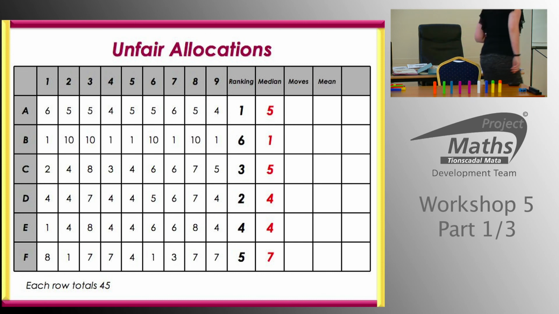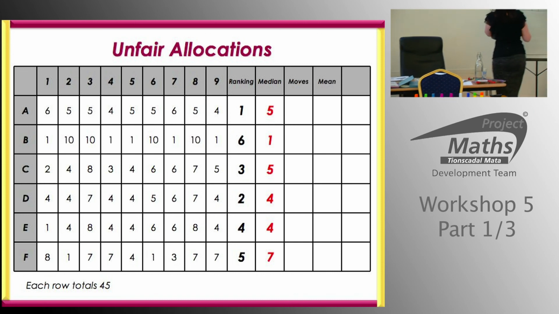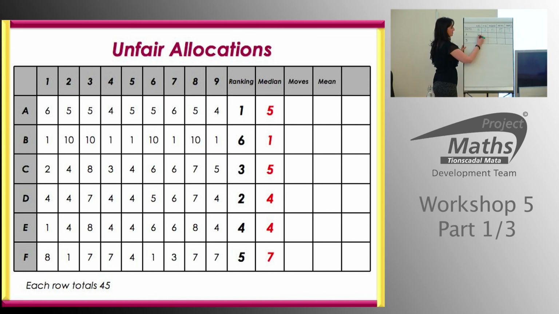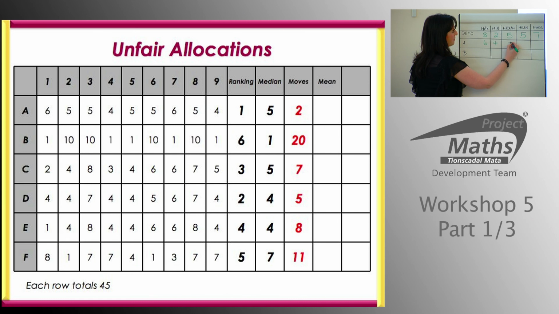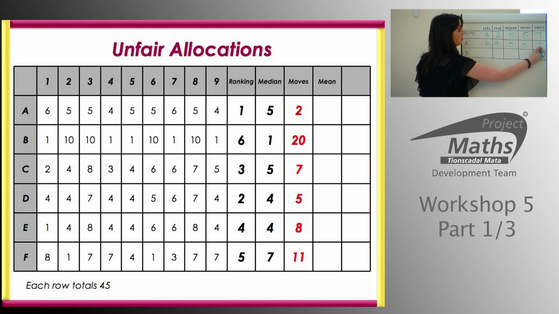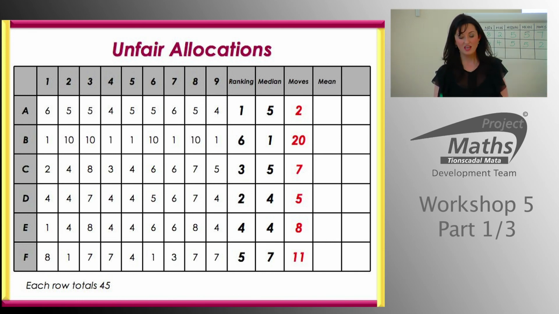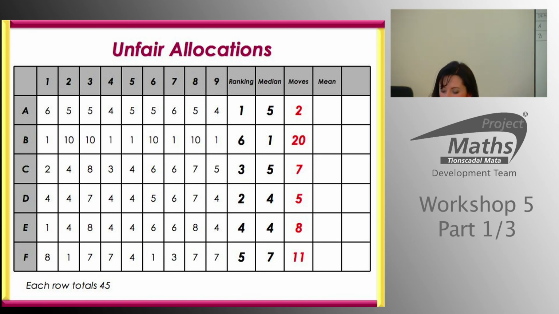So I'm going to write that up. This time, my max was 6 and my minimum was 4, so less variation in that range than in the last one. My median was 5, my mean was 5, but this time I only needed 2 moves. Now we're going to look at distribution B.